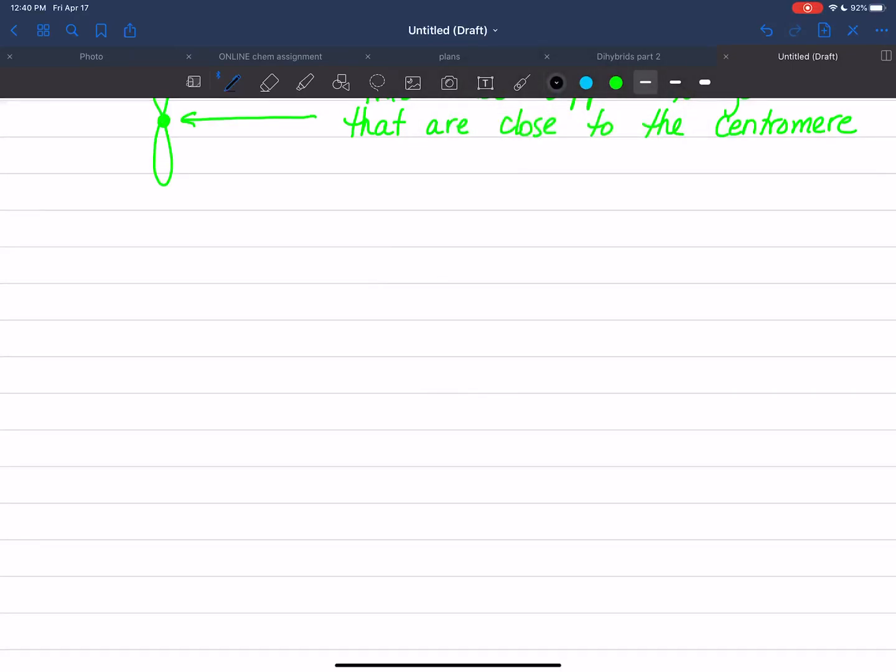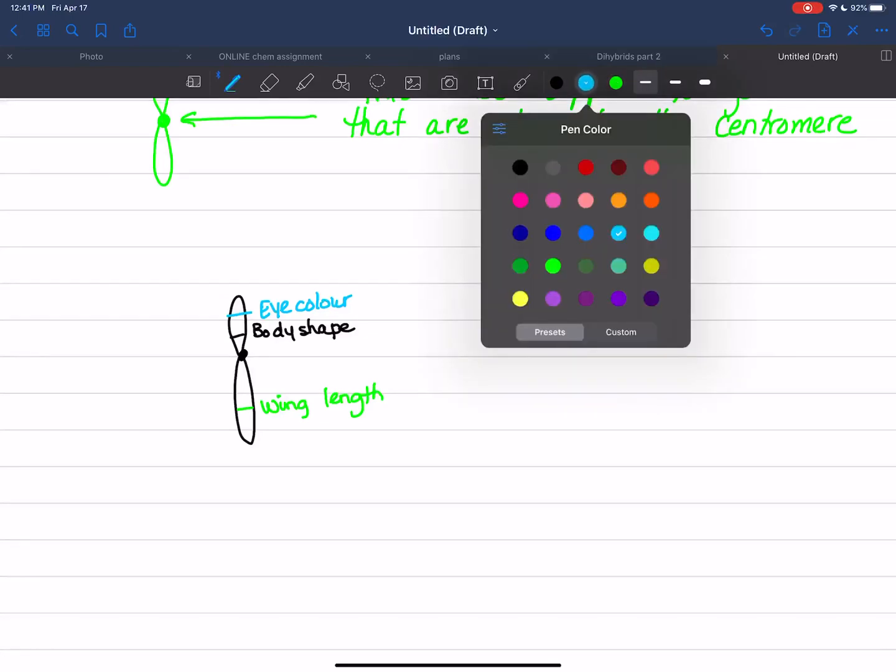Okay, so I'll give you an example of what a question would have looked like for this. For example, this is a typical diploma question. You're given a chromosome, and on that chromosome, you have 3 genes or 4 genes. We can say we have eye color, we have body shape. So this is for the fly. Let's say that we have wing length, and then one more.